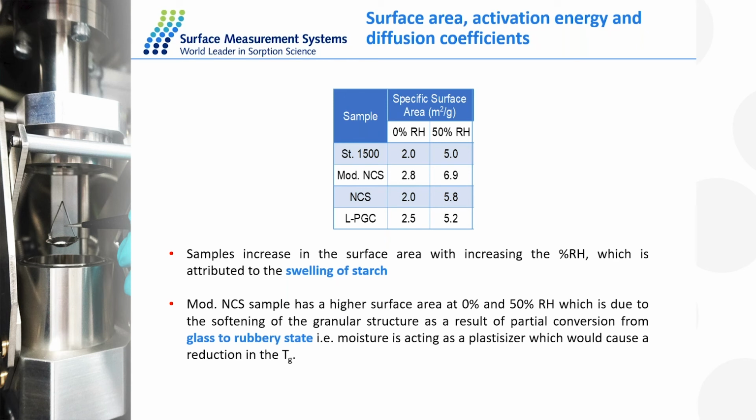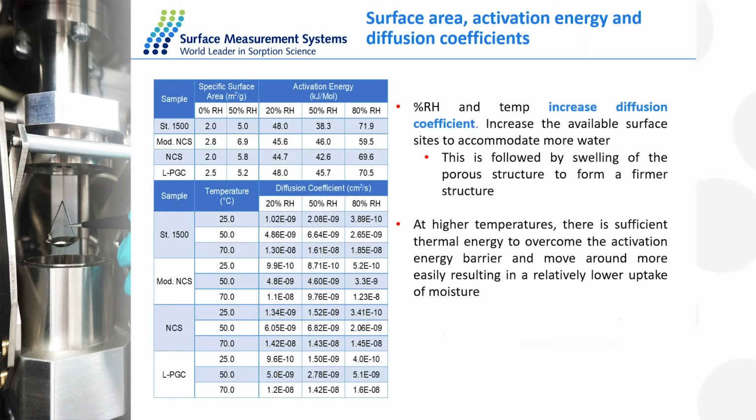And the fully treated modified NCS is high even at 0%. And after exposure to water, as a result of swelling, the surface area increases even more. And this could be attributed to moisture acting as a plasticizer, which causes a reduction of the Tg in these samples.